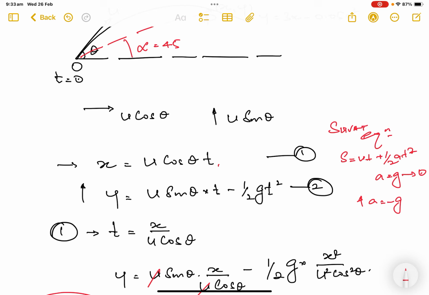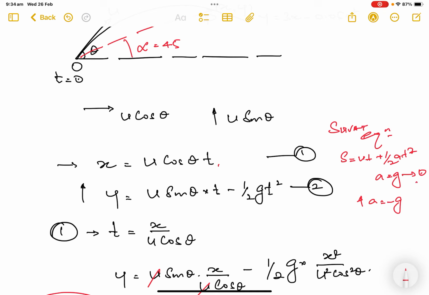Then we can use the equation s equals ut plus half at squared horizontally. The particle is under gravity, so the acceleration is g vertically, but horizontally it is 0.